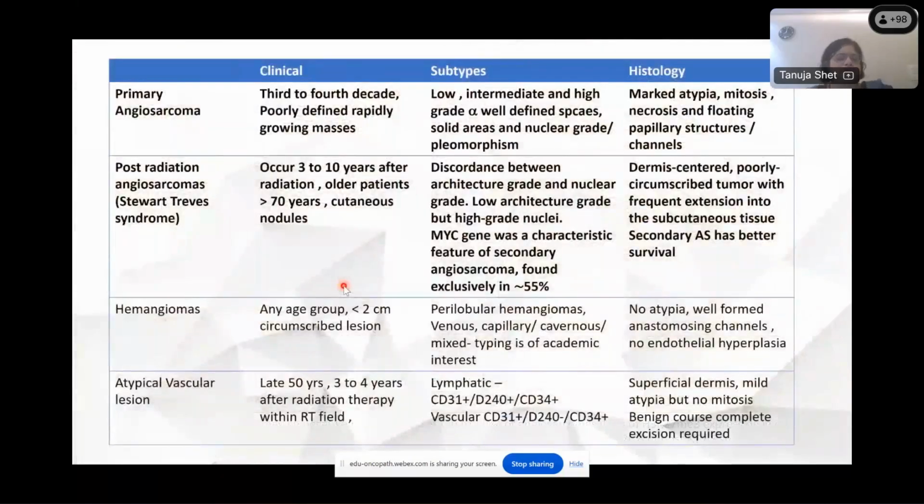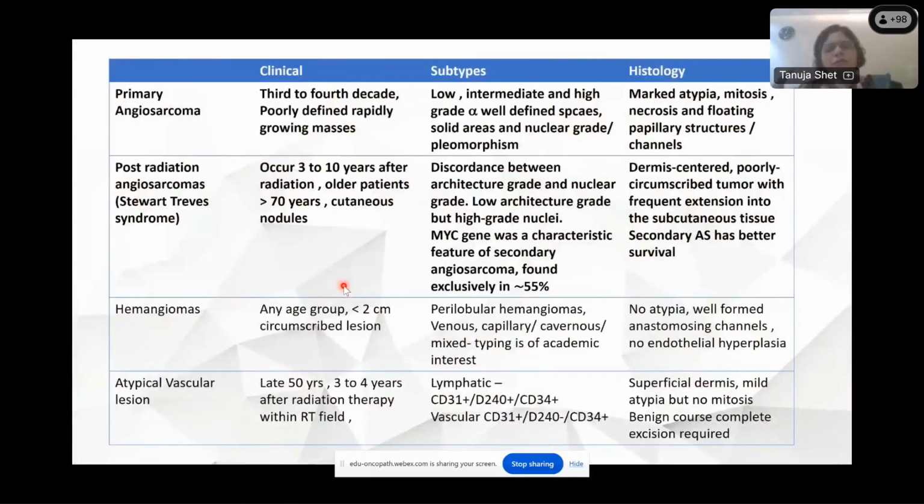Now, in breast angiosarcomas, there are two variants. One is primary angiosarcomas, which occur in younger women, very bad behaving, and they are fatal. The post-radiation ones, because radiation predisposes to soft tissue sarcoma, are called Stewart-Treves syndrome. They are in older patients, and they typically show discordance between architectural and nuclear grade.